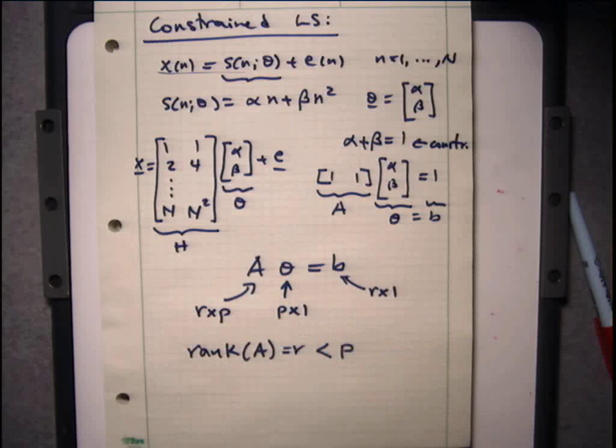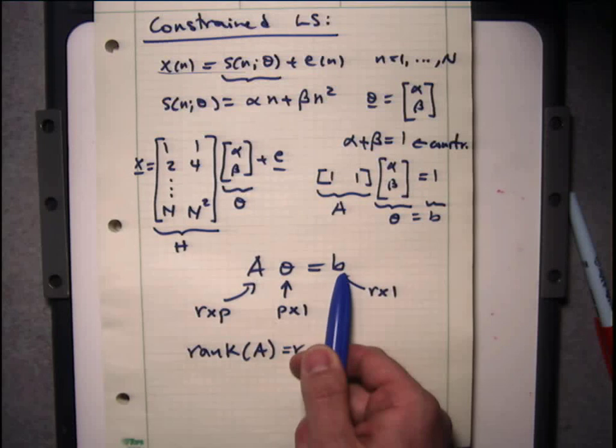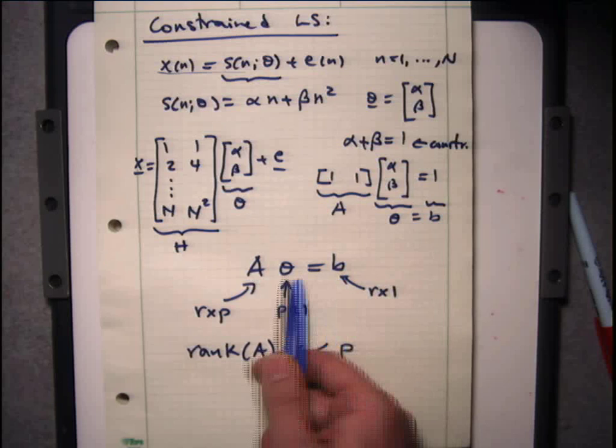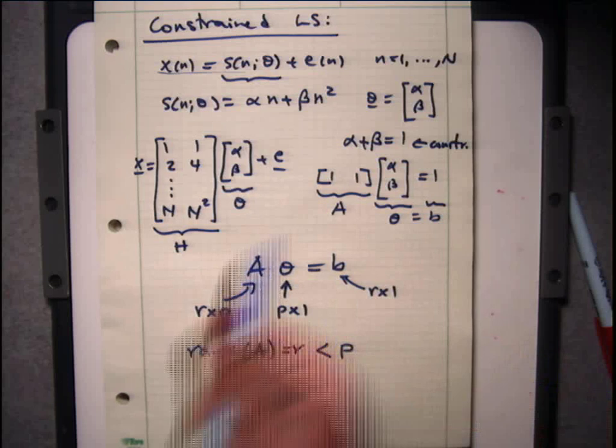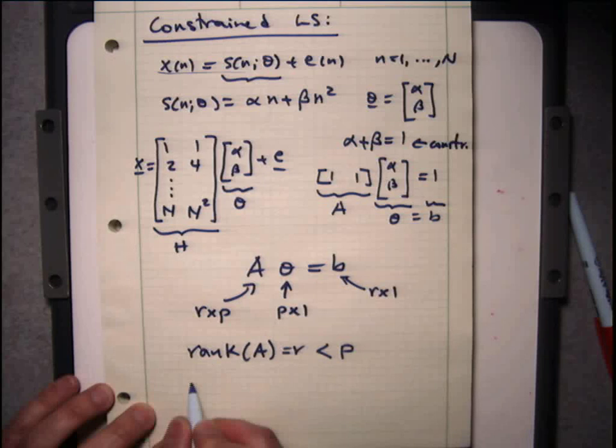Imagine if A was a square matrix. I give you a square matrix times theta equals a known vector. Well, then you just solve for theta. This uniquely gives you theta, and you don't need the data at all. So the point is, this constraint has to be such that it just specifies a subspace. It doesn't specify everything about theta. It specifies a space in which theta can live.